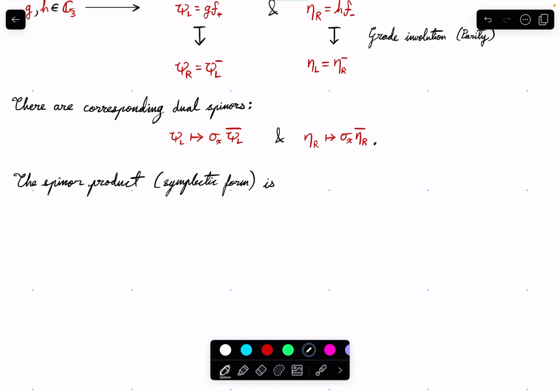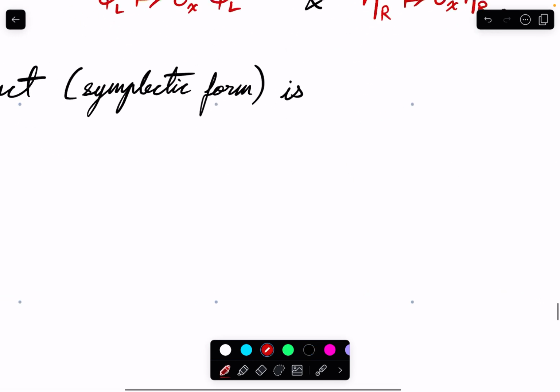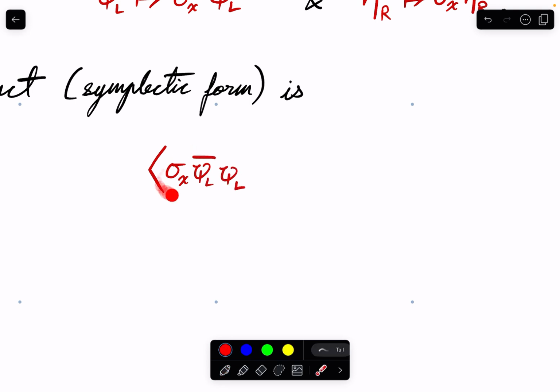And the spinor product is always between a dual spinor and a spinor.